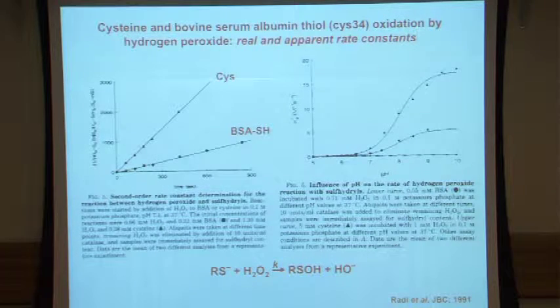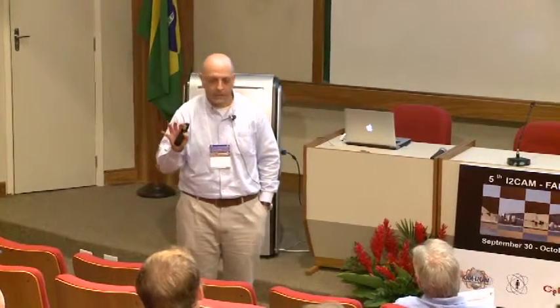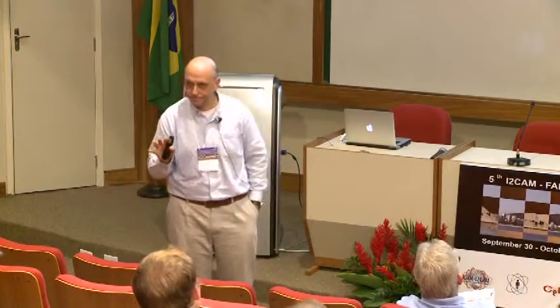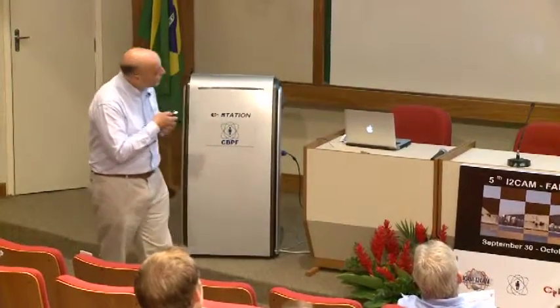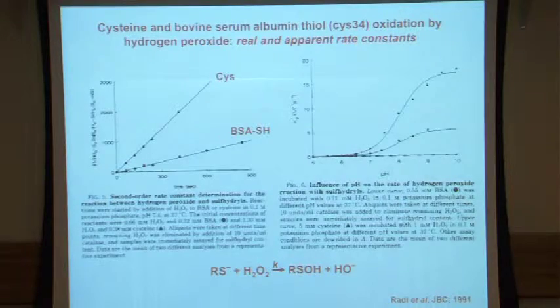Normally, the pKa of the cysteine thiol group is around 8 to 8.3. This is for free cysteine. This can change a lot in proteins. So look at this shape. The reactions of oxidants with amino acids are many times pH dependent because of the reactants involved in the reaction, such as this.